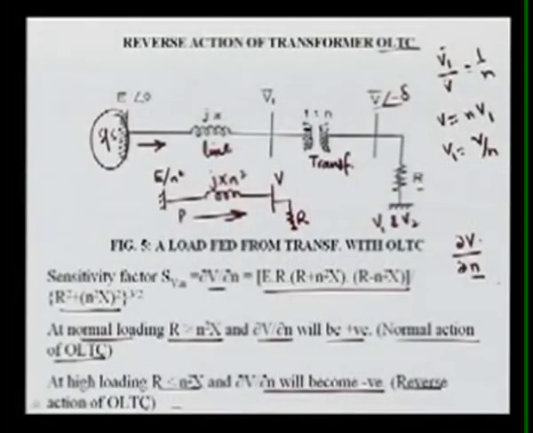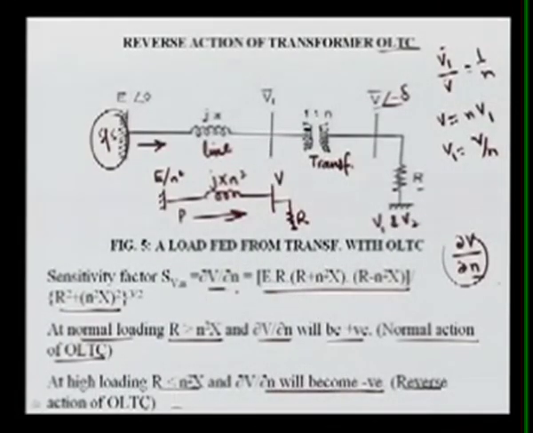If you are increasing the tap, here you can see what is positive and negative. It shows that when you change the tap, the voltage V is increasing. But in this highly loaded case, it is a reverse action, meaning if you want to increase the voltage by changing tap, as usual, more taps give more voltage in the normal conventional way in normal loading.